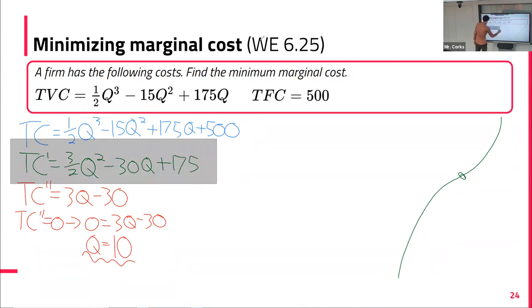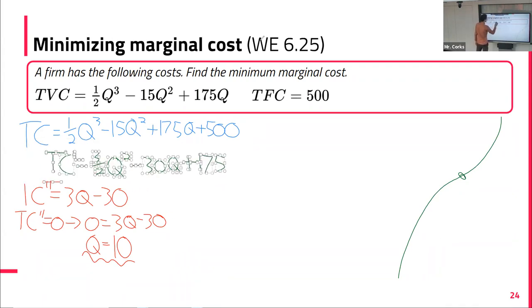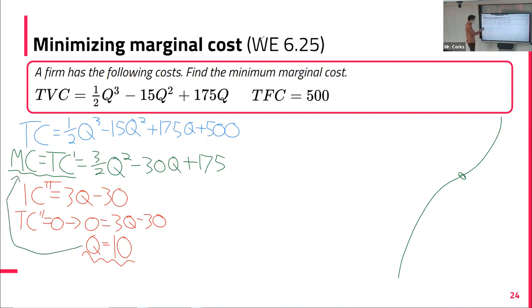I think we talked about this previously, sort of indirectly, but marginal cost is the exact same thing as marginal revenue, but for cost. So marginal cost is equal to the derivative of total cost. I should have mentioned that before. So to find the actual minimum marginal cost, this is where it happens, when Q equals 10. We're just going to substitute that value into the marginal cost equation, not the original one. We don't want minimum total cost because there is no minimum total cost, but we do have a minimum marginal cost.